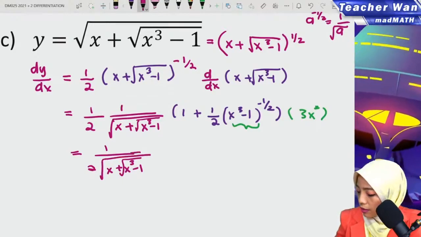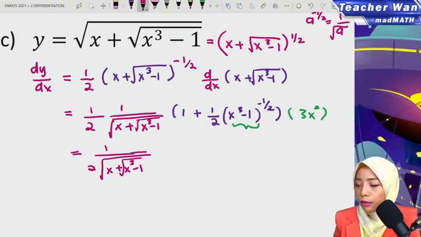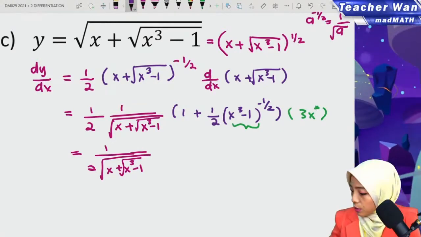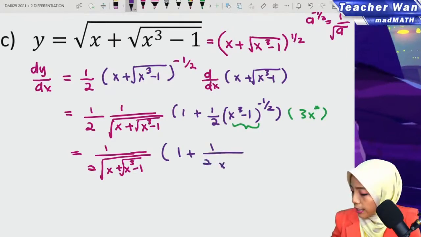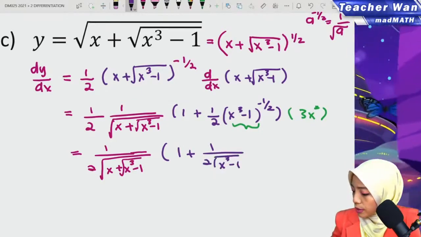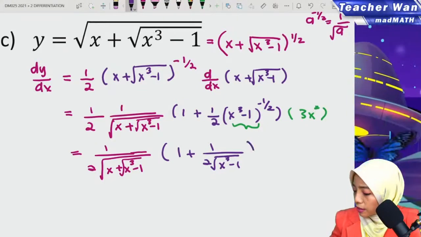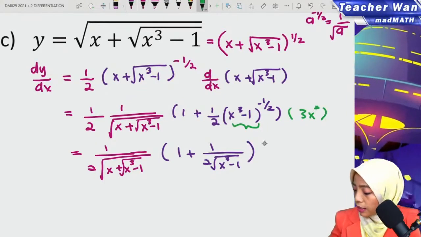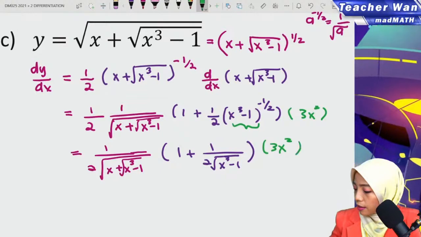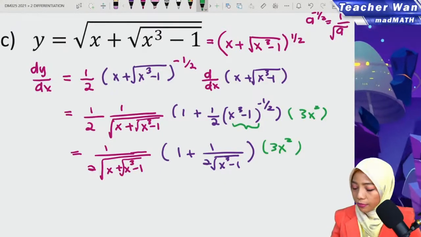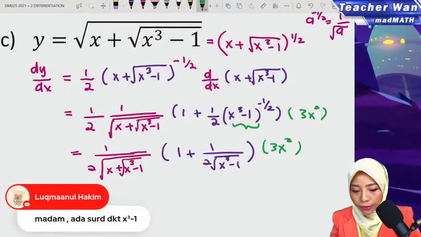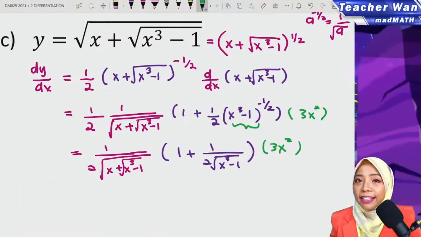It's a bit tedious, many roots here. So now 1 plus 1 over 2 root of x cubed minus 1, and 3x squared. Okay, that's it.